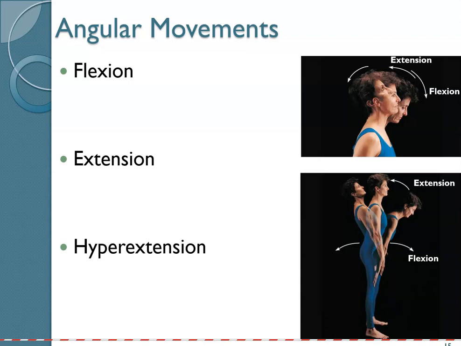So our neck we can hyperextend, our back we can hyperextend, our wrist we can hyperextend. We shouldn't be able to hyperextend our knuckles, for example. We shouldn't be able to extend elbows beyond that, but some people can, right? But these are going beyond that 180 degrees of that natural position.